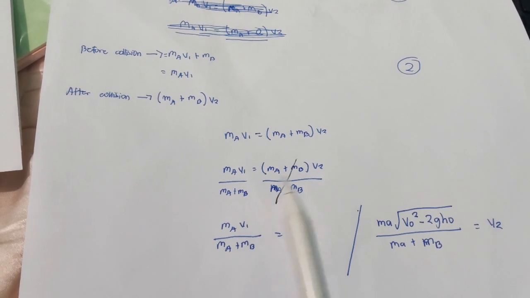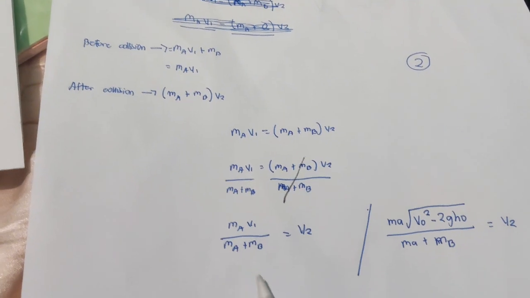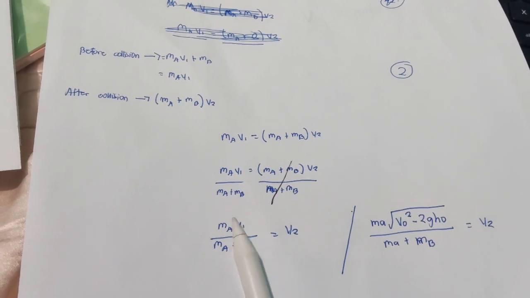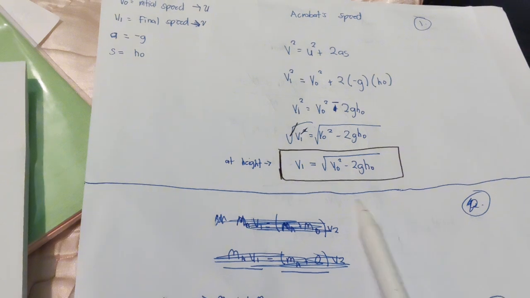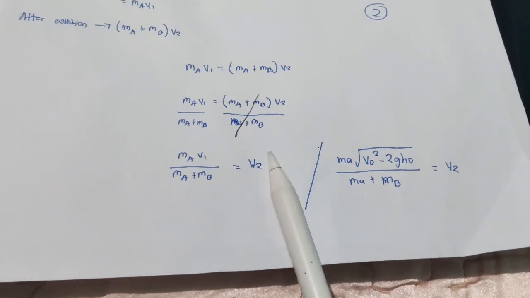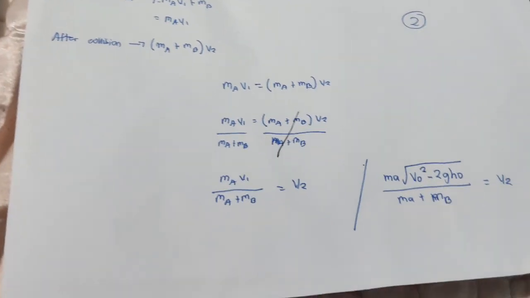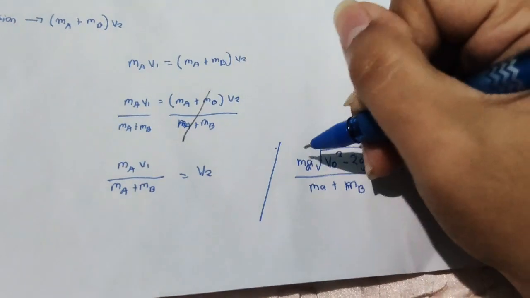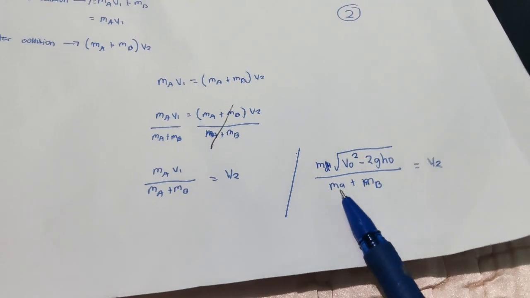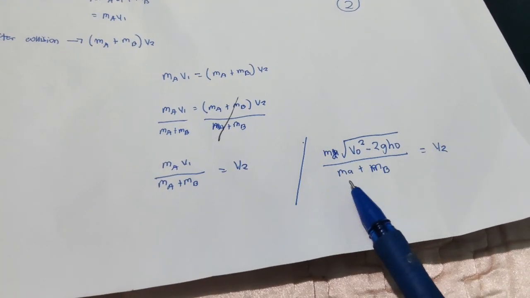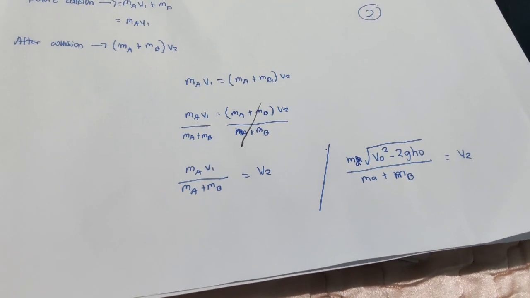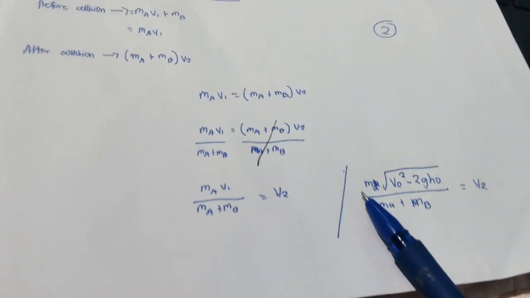So v sub 2 is equal to m sub a v sub 1 over m sub a plus m sub b. Since we already found v sub 1 from the acrobat's speed at height, we substitute. So v sub 2 is equal to m sub a times the square root of v sub 0 squared minus 2gh sub 0, over m sub a plus m sub b. That is the new upward speed right after grabbing the clown.